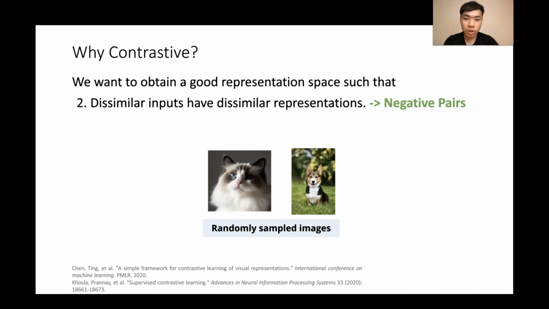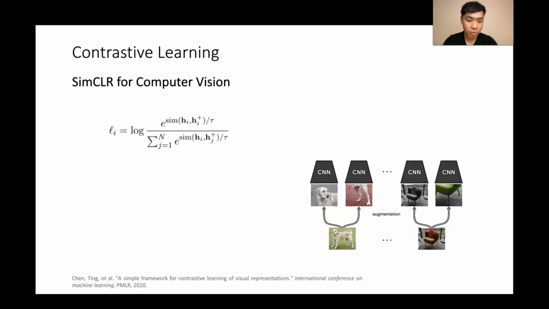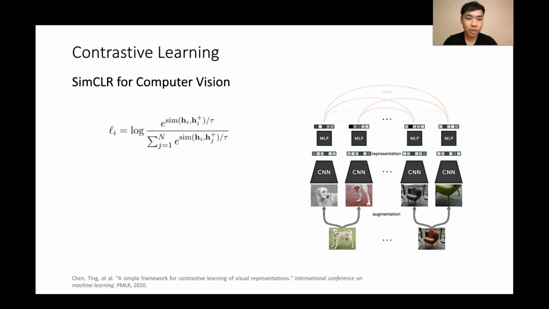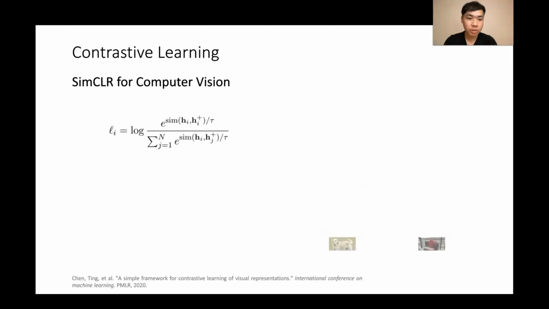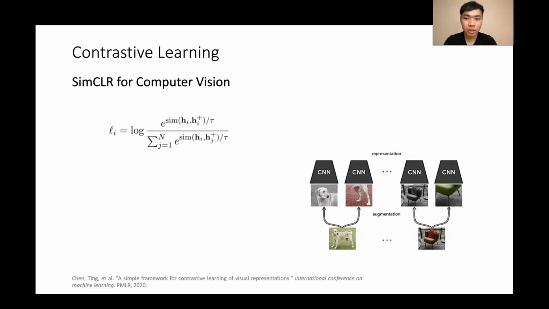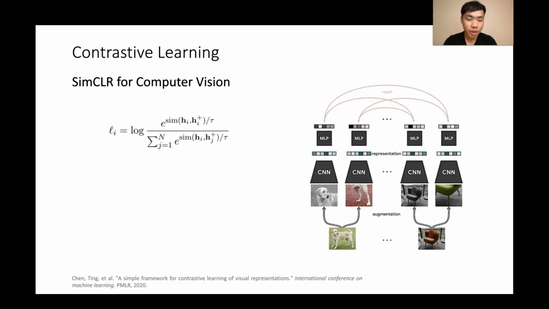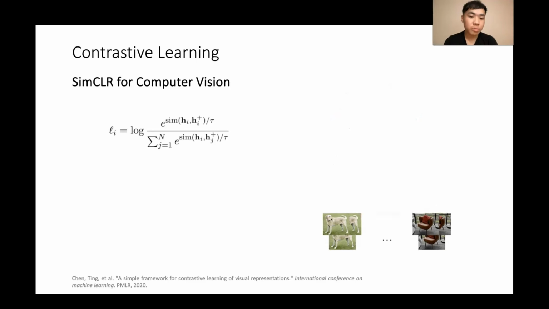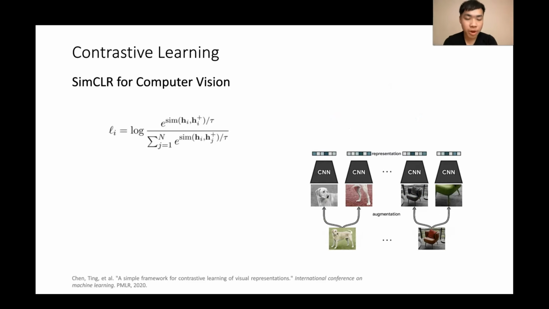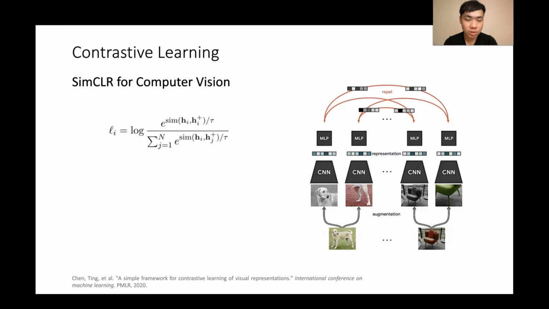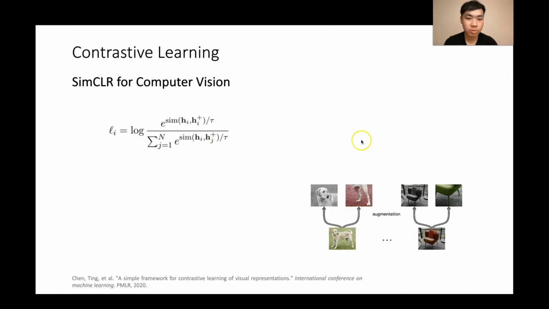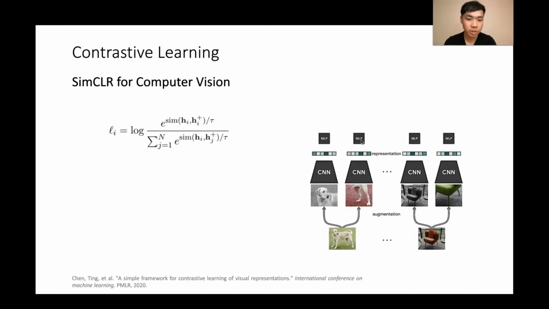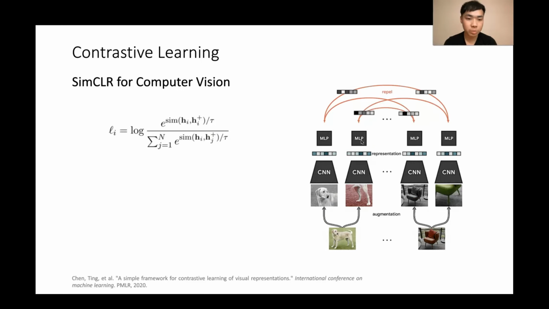So how can we train a model to maintain this kind of property in the embedding space? There are many different contrastive learning frameworks that can achieve this. A very famous one is called SimCLR, and the idea is very simple. It does two different augmentations from the same image, and the training objective makes the representations from these two augmentations as close to each other as possible.